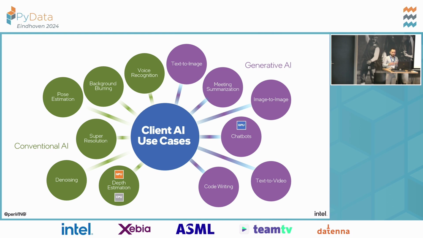Chatbots, as they require a lot of computation, probably the GPU will be the best choice. Text to image, we can connect the GPU and NPU together. So we run some models on the NPU in the same workload and some of them on the GPU. And of course, in other cases, it looks like this. So all of them or any of them can be run on one of these devices or a few of them together.